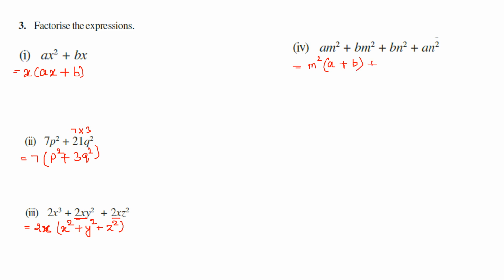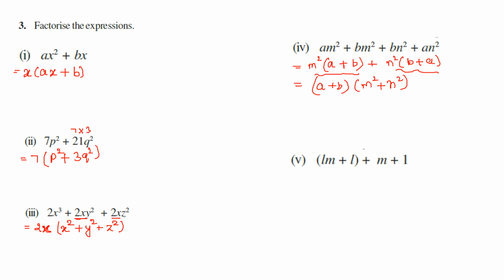And taking n square common, it will be b plus a. Now I have two terms, and a plus b is present in both. I can take a plus b common again, and I will be left with m square plus n square. So this is the factorization.